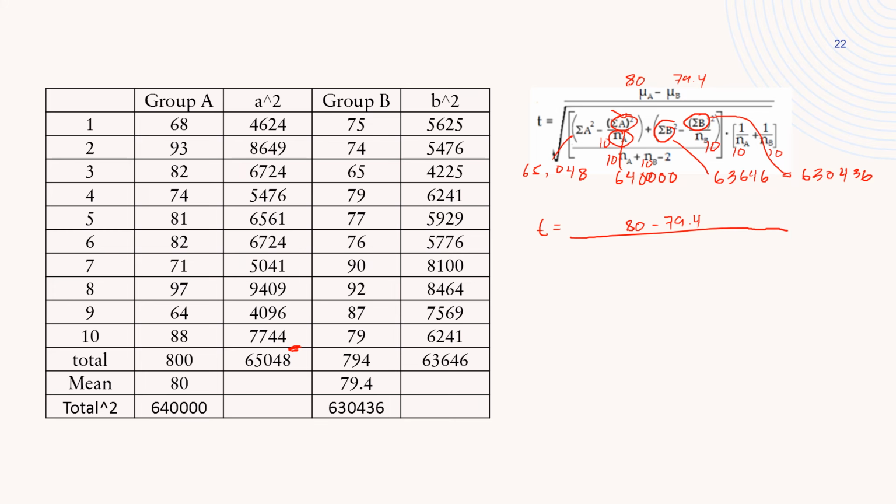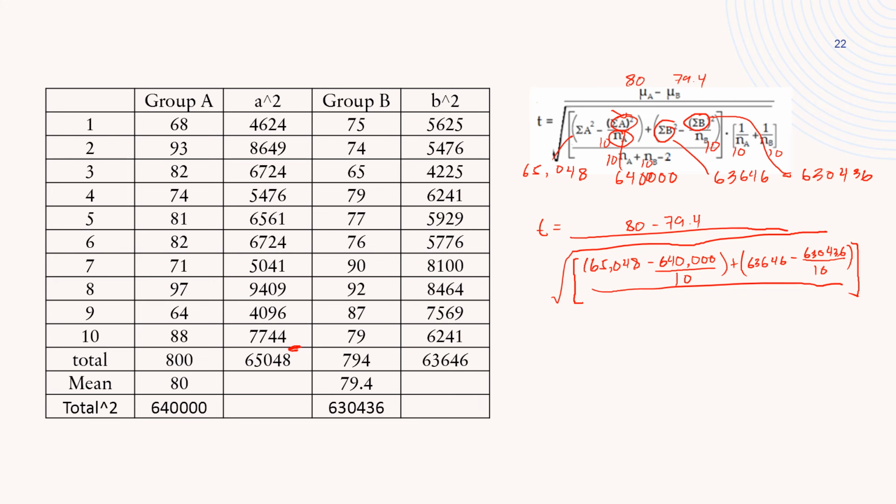That would be divided by the square root of a quantity: the sum of squares, which is 65,048, minus our total squared, which is 640,000 divided by 10, plus the quantity of our sum of squares for B, that's 63,646 minus 630,436 divided by 10, and that whole quantity is going to be divided by n plus n minus 2.